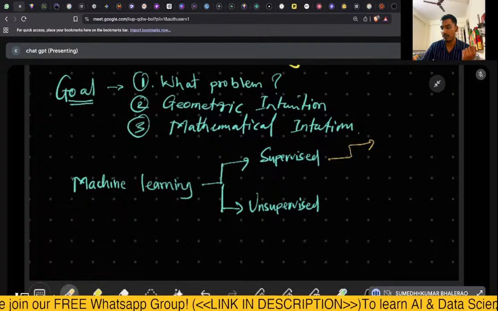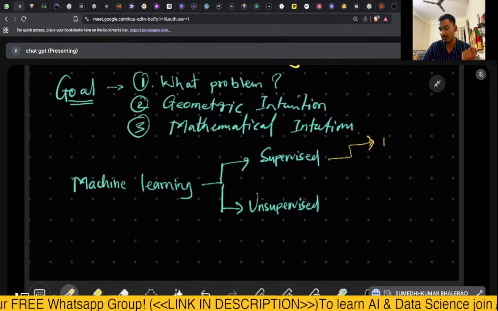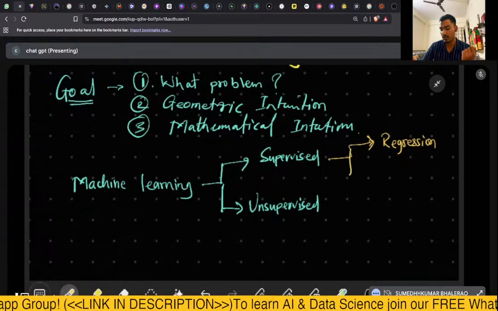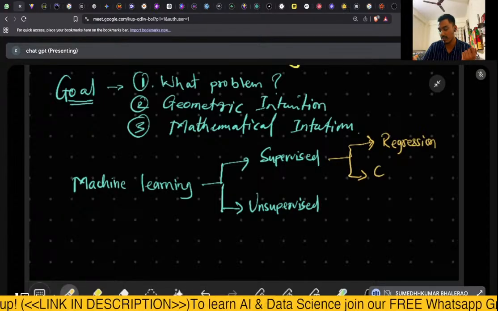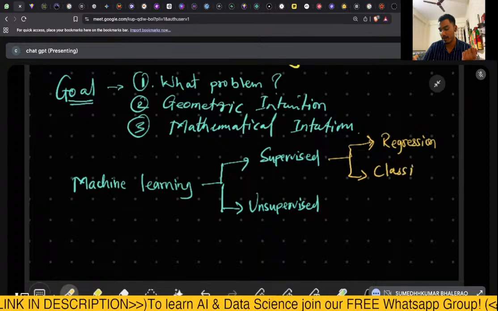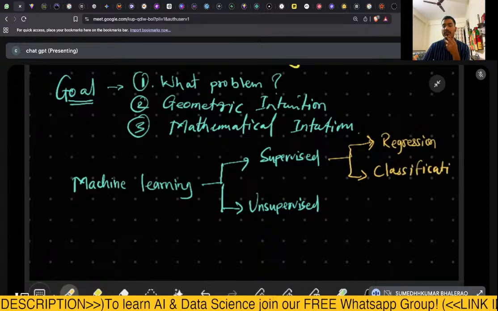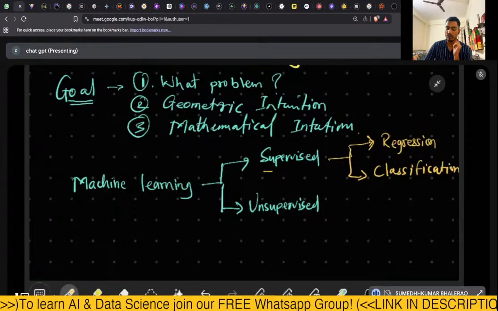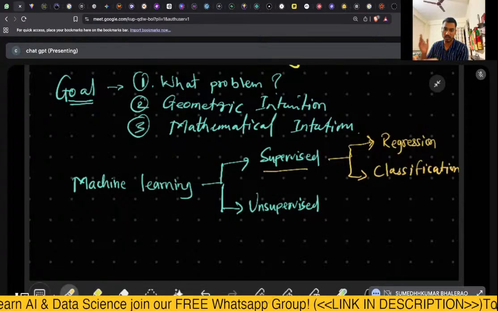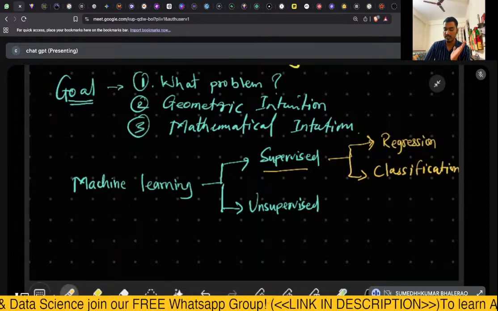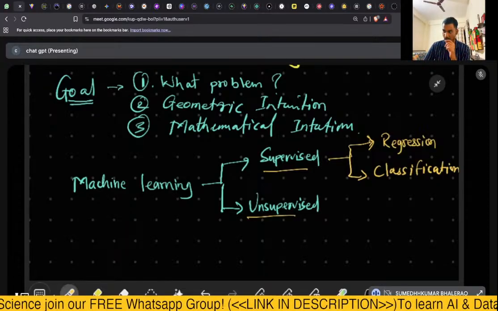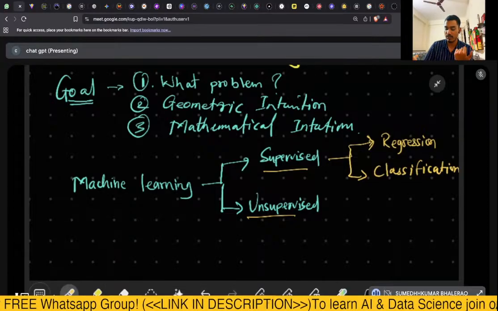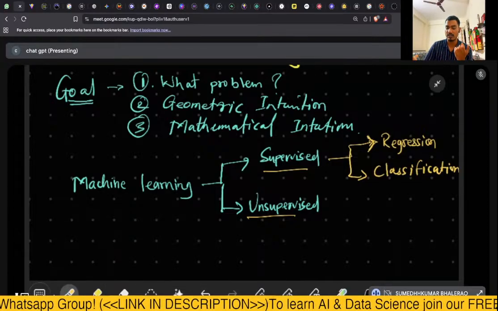Supervised had two more types: regression, and classification. This is what we learned yesterday, roughly. So we know there are two types of machine learning algorithm. First is supervised, second is unsupervised, and supervised again has two types. The very first is regression, the second is classification.